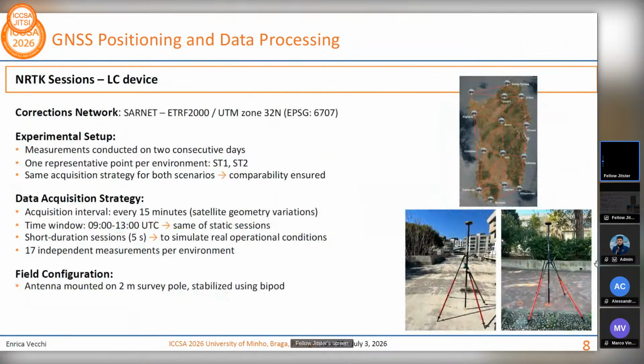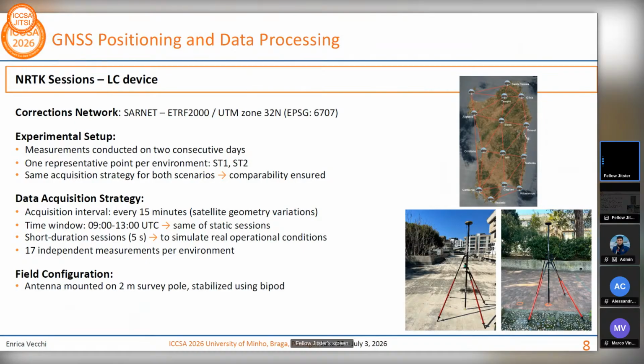Finally, we also did two NRTK sessions, only using the low-cost device. So we chose only one representative point in each environment, and for the corrections we used the SARNet network, which is the regional network for NRTK correction in Sardinia, which provides coordinates aligned to the official reference system.